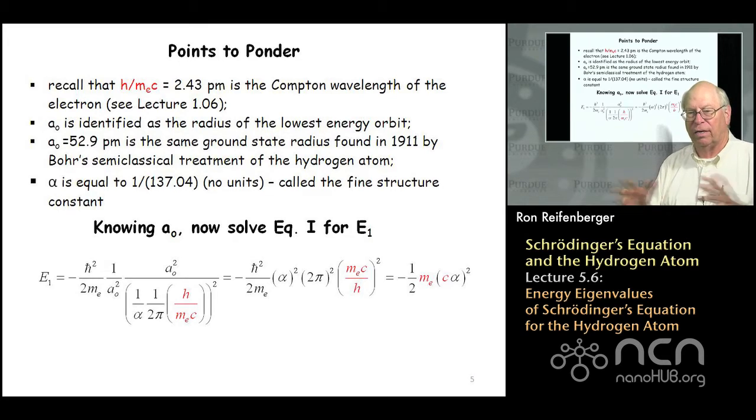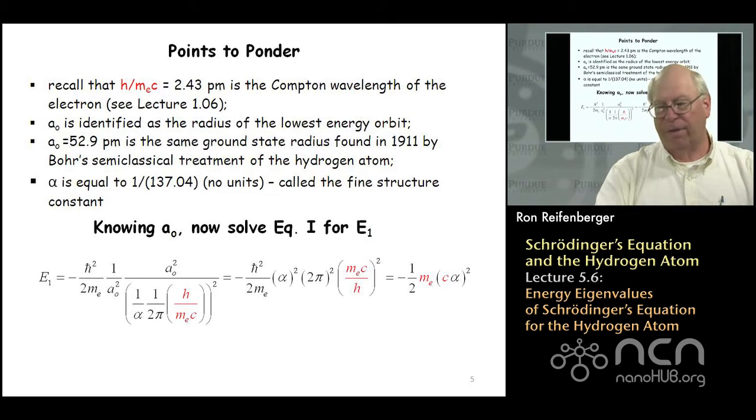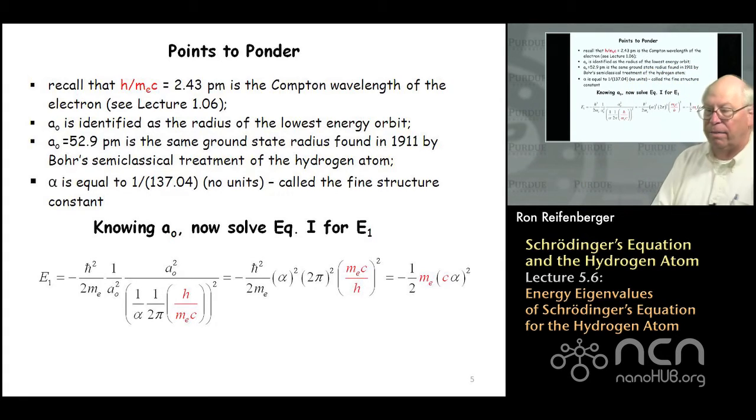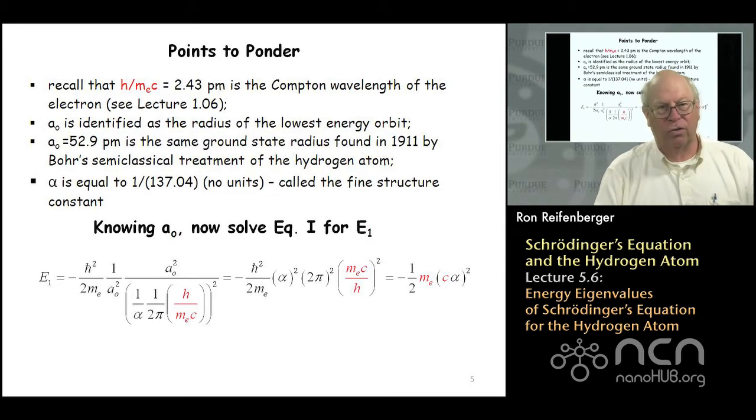It's one of the hallmarks of quantum mechanics that this value is reproduced from this very complicated set of differential equations. And of course, I wouldn't be up here talking about it if the experiment didn't match theory very well. So experimentally, if you measure the radius of that first quantum orbit, you get this number 52.9 picometers, which is predicted by Schrödinger's equation.